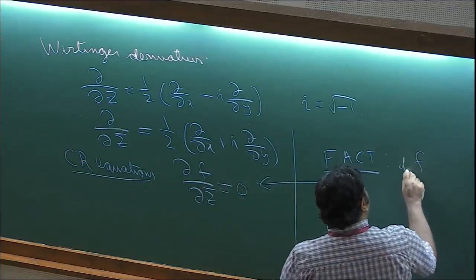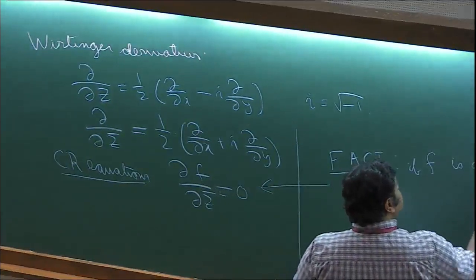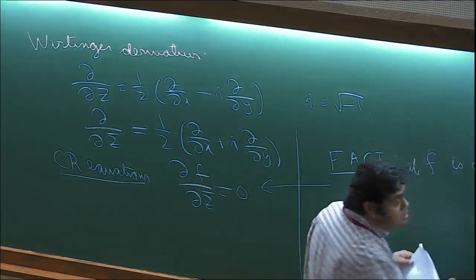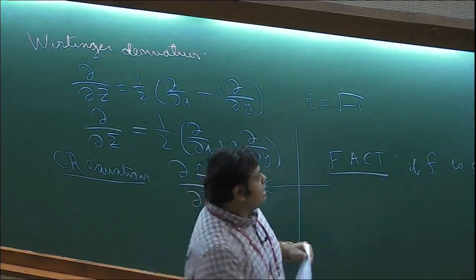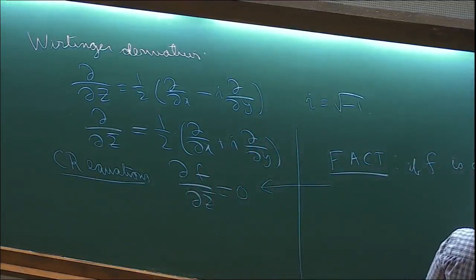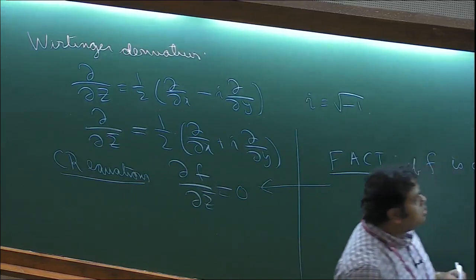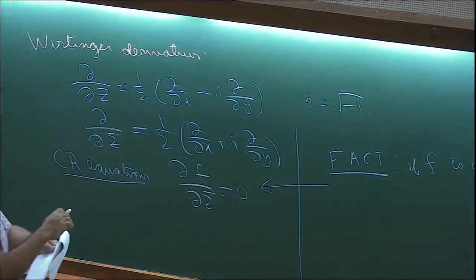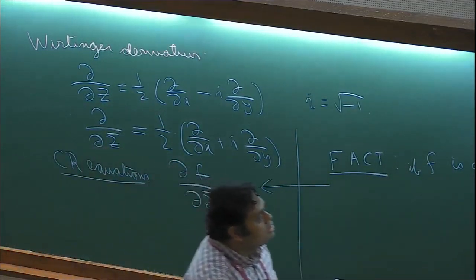So if f is a distribution, or even a more singular object like a hyperfunction or something, such that df over dz bar is 0, then f is a holomorphic function in the usual sense. So this definition already incorporates this refinement.